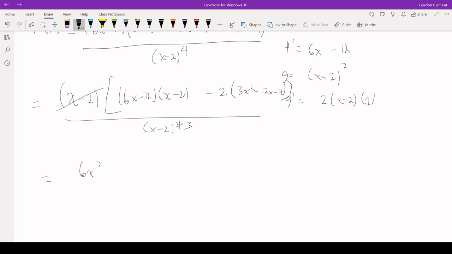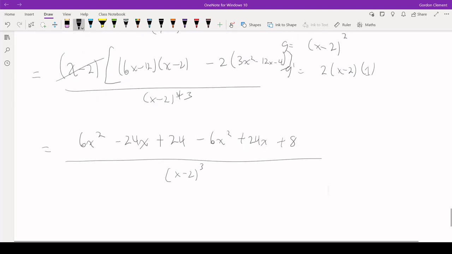So we're going to get 6x squared minus 12x and minus 12x, so minus 24x and then plus 24. And then a minus 6x squared plus 24x and a plus 8, all over now x minus 2 cubed.